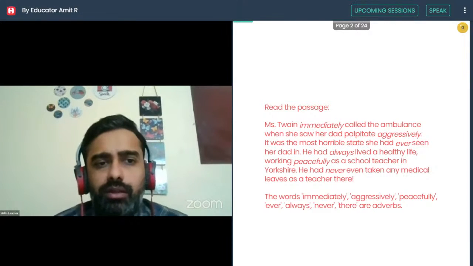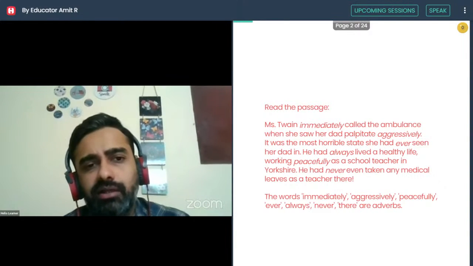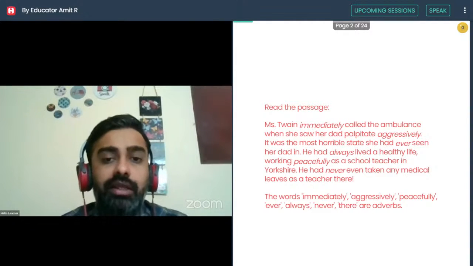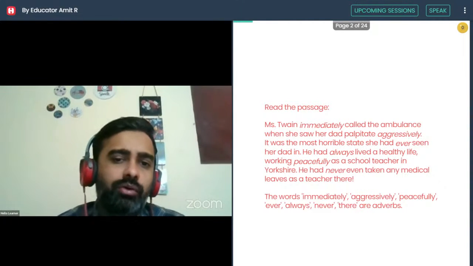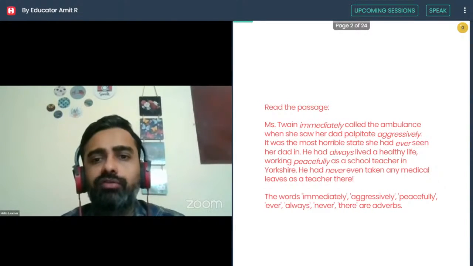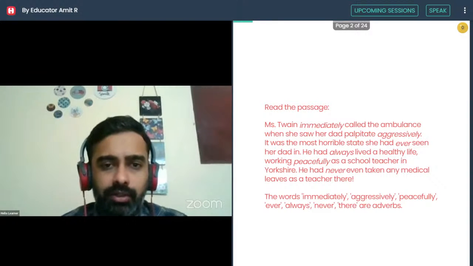So Miss Twain immediately called the ambulance when she saw her dad palpitate aggressively. Palpitate basically means dhadakna. So it's when the heart beats rapidly or fast, irregularly, that's what you call palpitation or palpitate. So you understand that the person's condition is probably not right because the person is breathing heavily, or you understand that the person is palpitating.